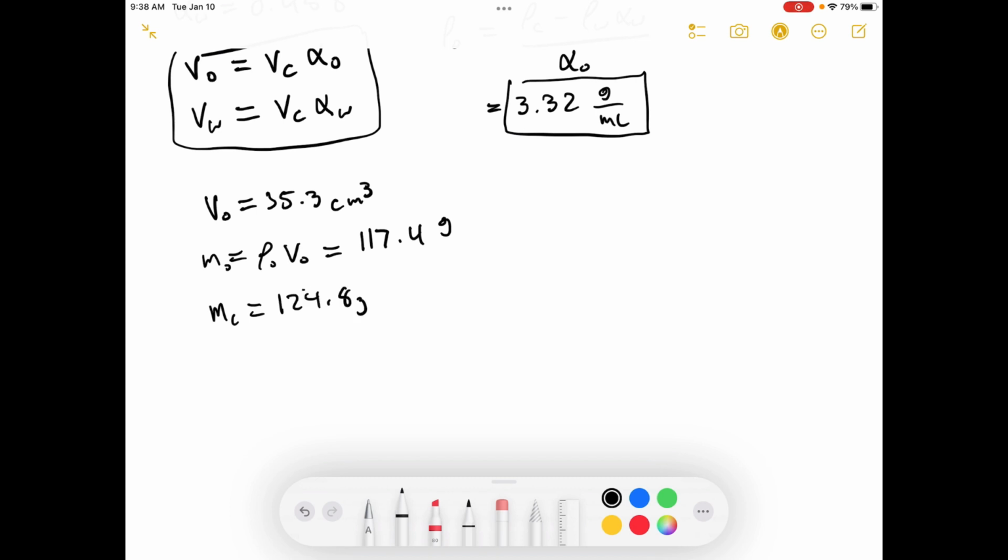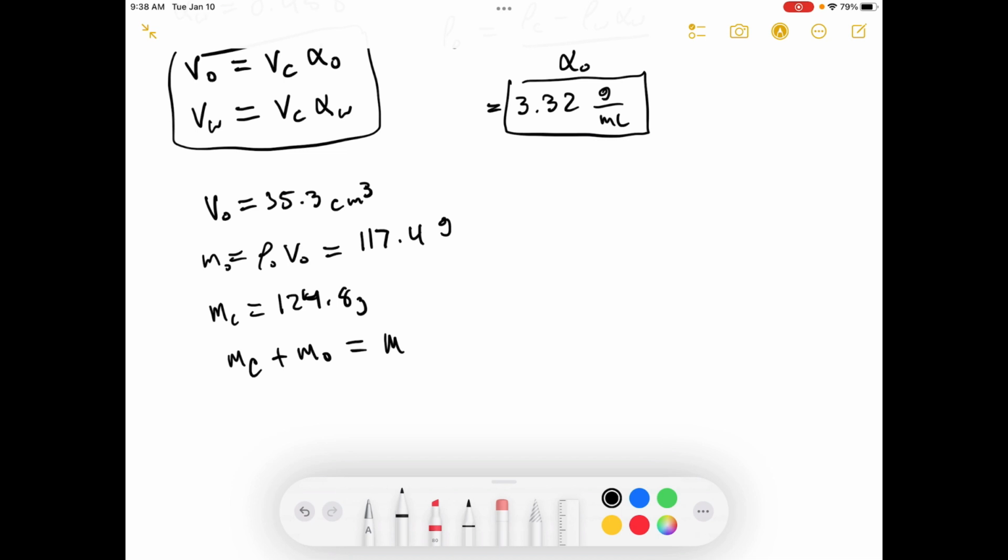Okay, and then we know the mass of the container is equal to 124.8 grams. Therefore, the mass of the container plus the mass of the oil should equal the total mass of what it weighs on the second weighing.